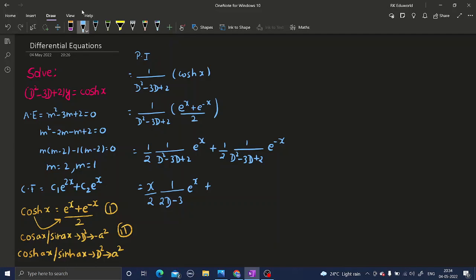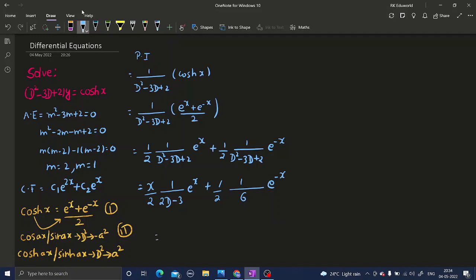So no problem in this case. So 1 by 2, 1 upon 1 plus 2, 3, and plus 3, 6, and this is e power minus x.